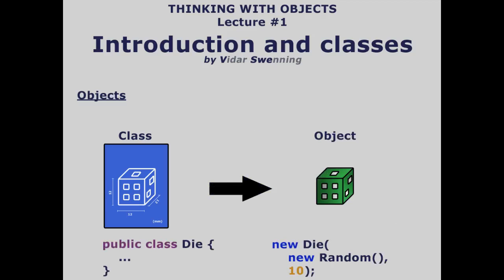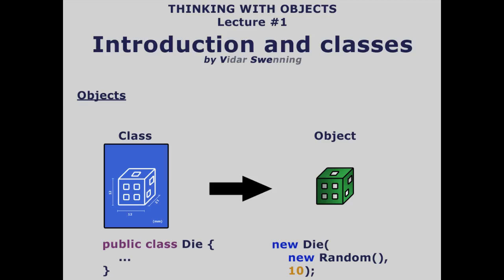So now it's time to create the object from it. We have the class, which goes like public class Die, and then all the code inside those curly brackets. And now it's time to create our object itself. So we use the blueprint to create our die, and we've seen it before, we've seen it with the Shape. We use new Die, and then we give it the random generator.